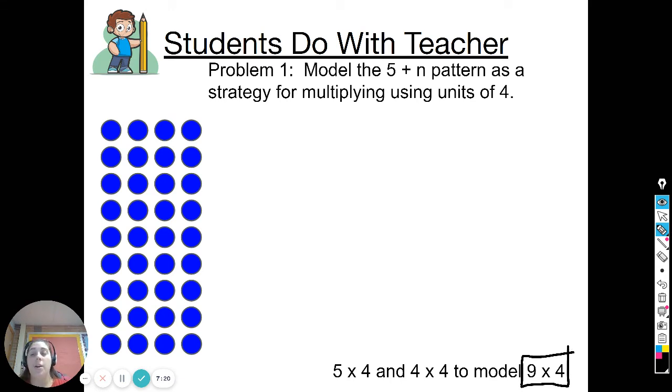So you need to draw an array that shows 9 rows of 4. Remember, when you're making your array, you want to try to have your rows and your columns straight. And when you've finished drawing the array, please hold it up so that the substitute can see that you are ready to move on. Okay, I'm going to give you about 2 minutes to get that drawn.